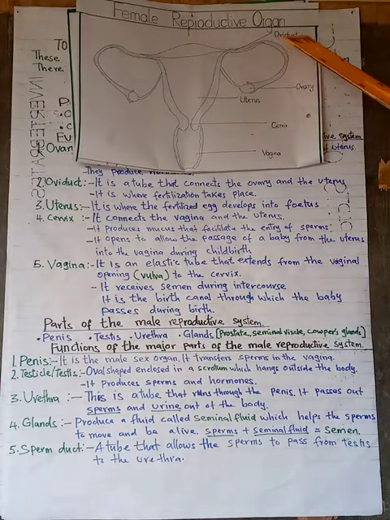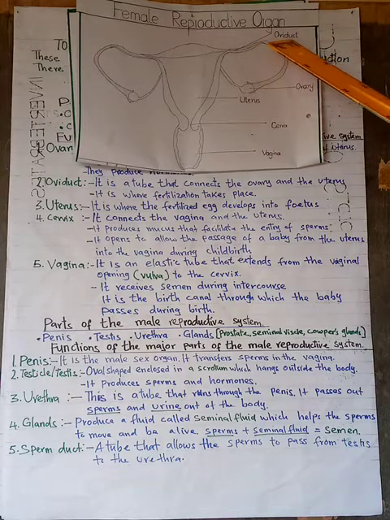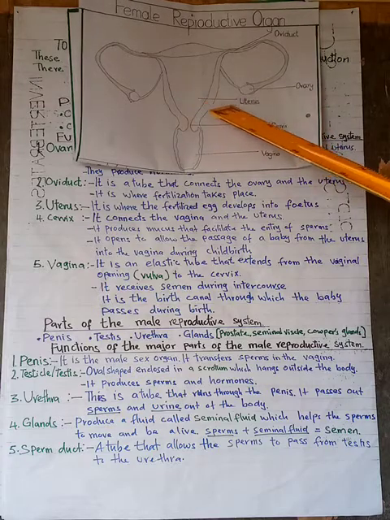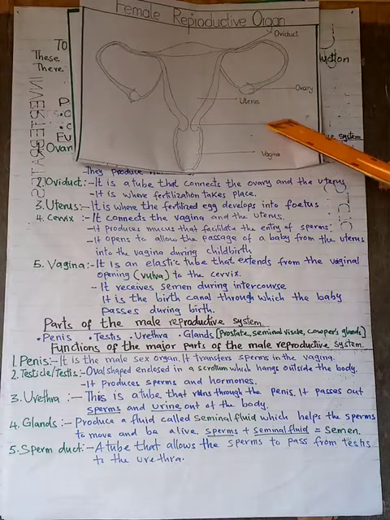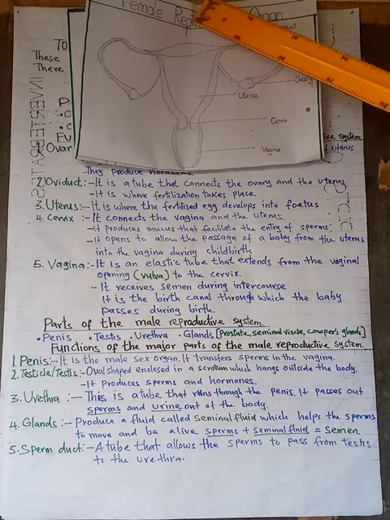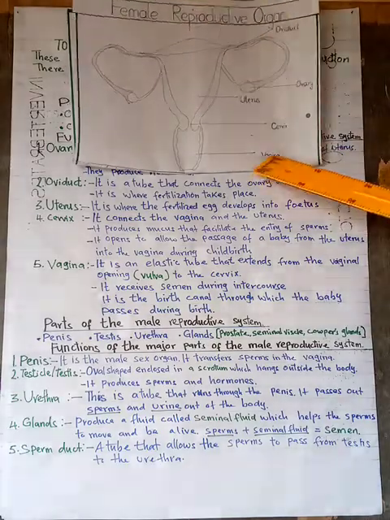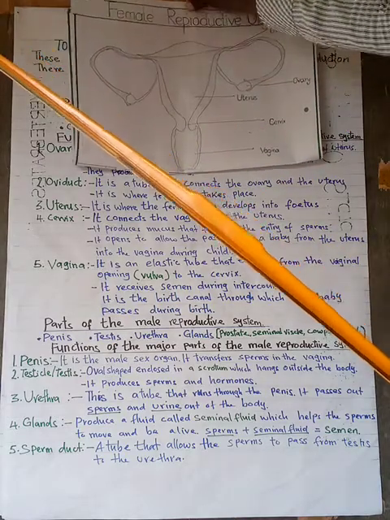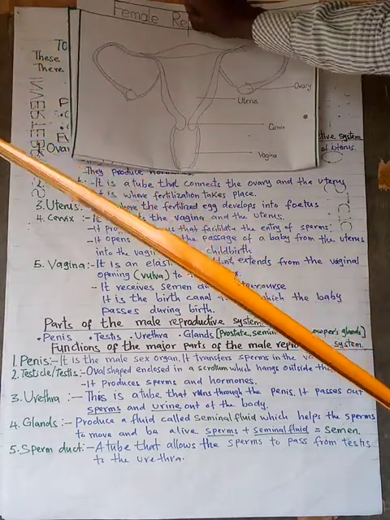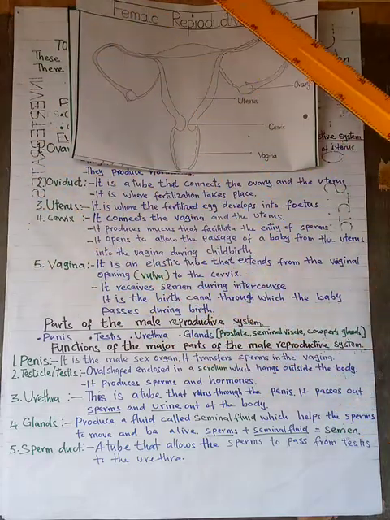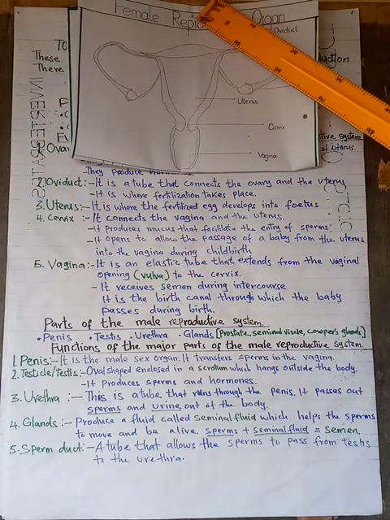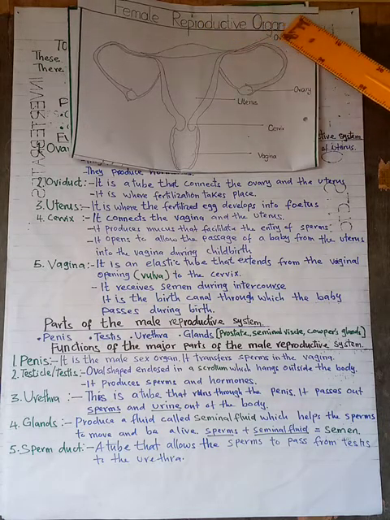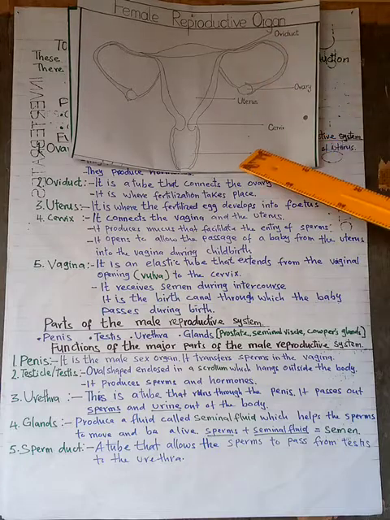We have the oviduct, which is also called the fallopian tube. We have the ovary. We have the uterus, which is also called the womb. We have the cervix, and also the vagina. Those are the parts of the female reproductive system. If we want to look at the function of each part, let's start with the vagina.